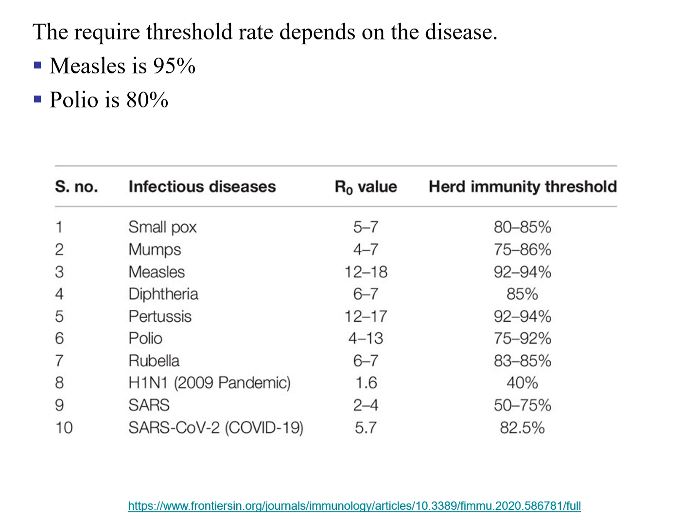The polio vaccine, we need 80% of the population to be immunized. In the chart, I have others like rubella at 85%, SARS between 50 and 75, smallpox 80 to 85%. So the herd immunity threshold is different between different diseases.